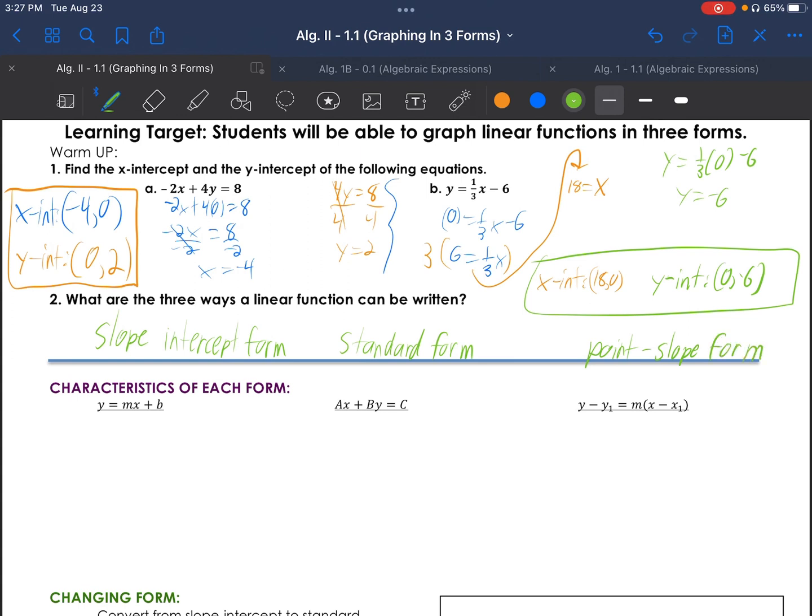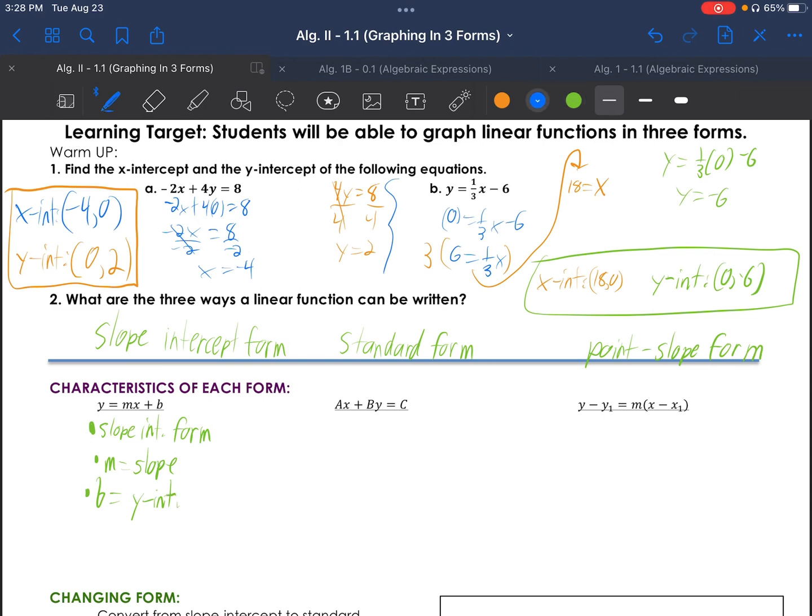So some characteristics of each of these. This first one down here is the slope-intercept form I just talked about, and I'm going to shorten intercept down to int. M is the slope, and B is the y-intercept.